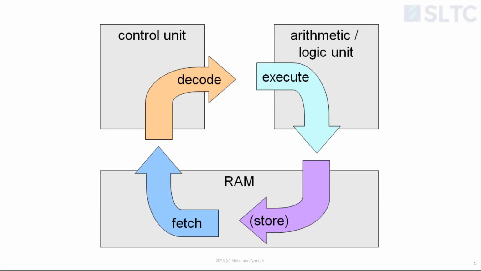So when I shut down my computer, then the cycle is turned off. Next time when I turn on my computer, the cycle goes on and on. So that's how the computer works.